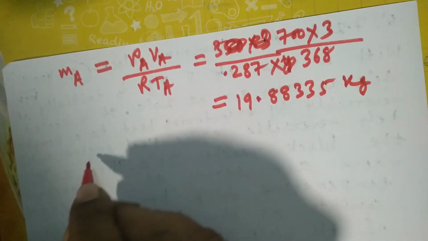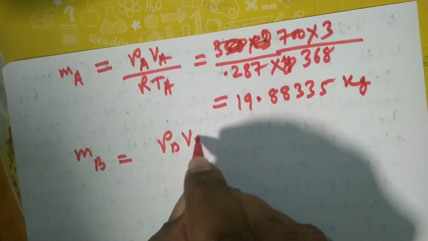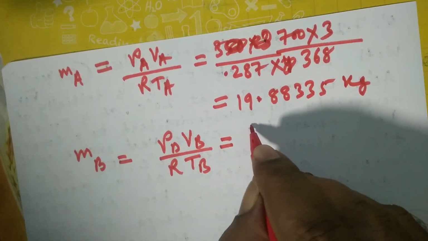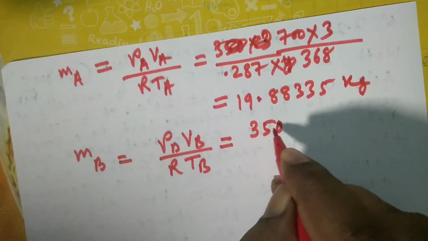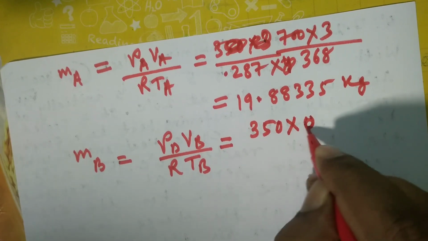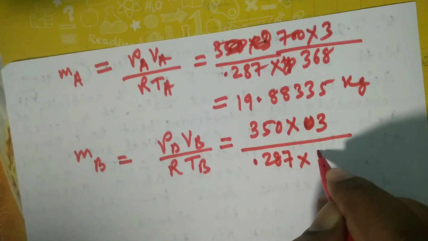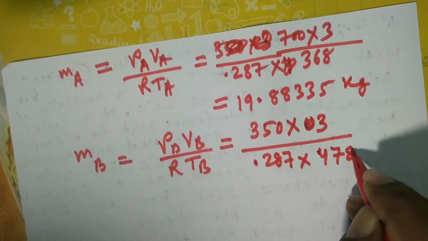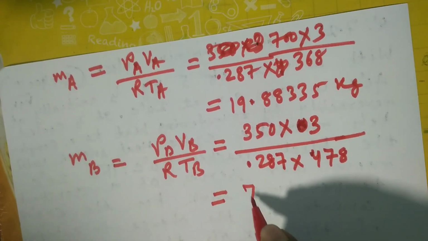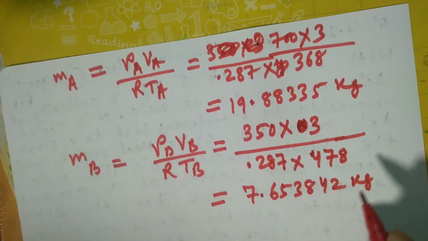And the mass of vessel B is PB VB divided by R TB. PB is 0.35 megapascal, that is 350 kilopascal, and VB is the same as VA, that is 3, R is 0.287, and TB is 478. So this is equal to 7.653842 kg.